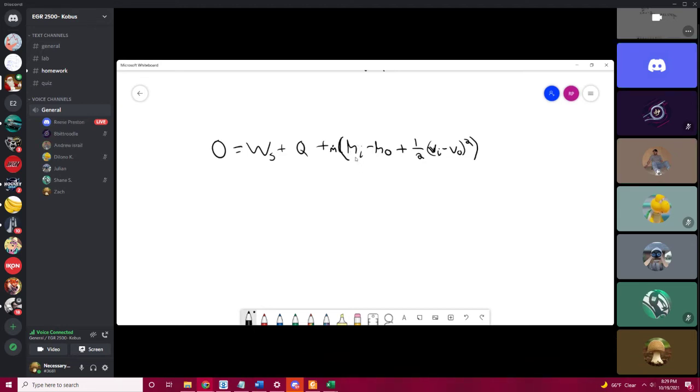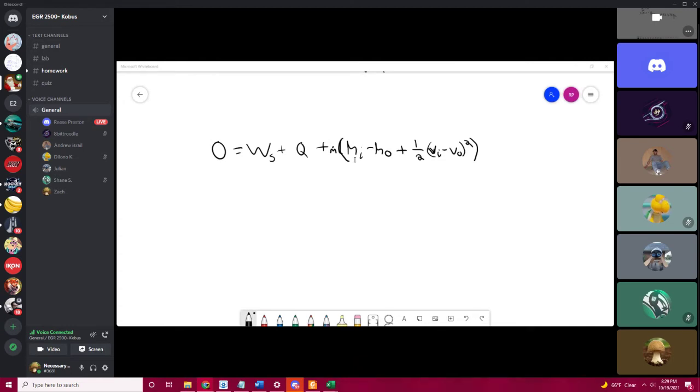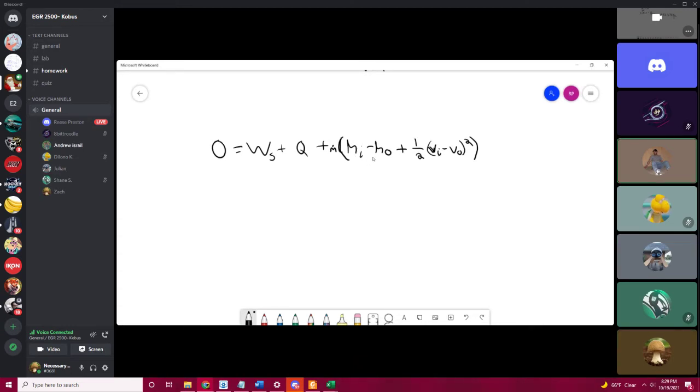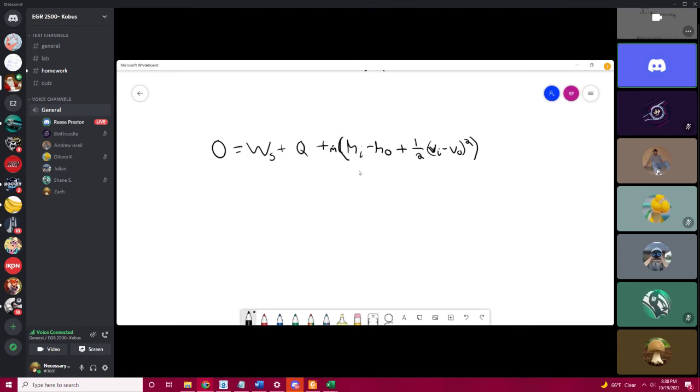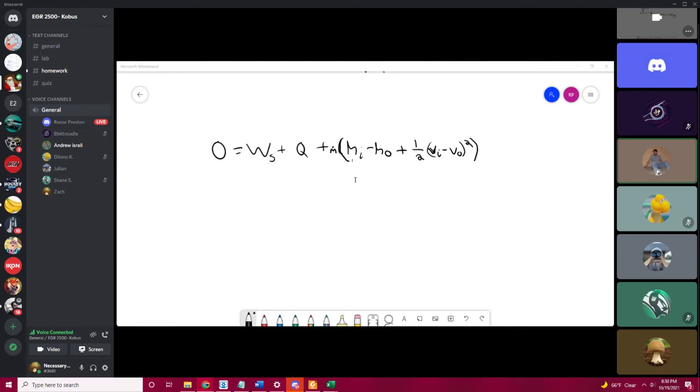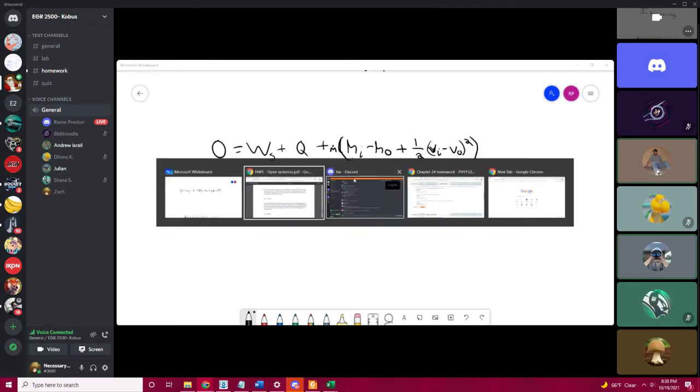Yeah. Steam is not an ideal gas, you can compress it. So this is basically a case 3 for us. Okay, so you found both of these though, right? I found them, but I don't know if they're the right numbers, and that's the problem. When I plugged them in, I was off by a lot.